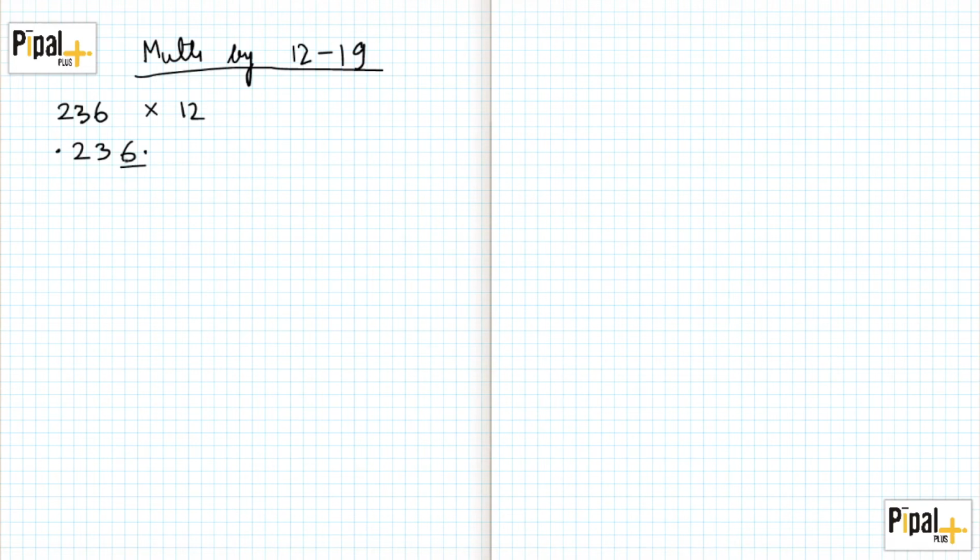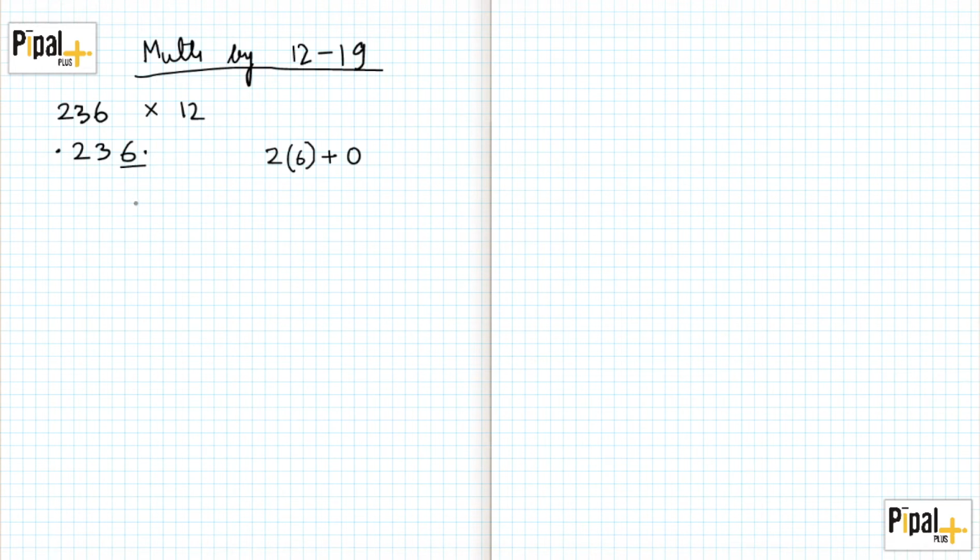So 6 and 0, that's my first pair, and this is going to give me my units digit of the result. But how I'm going to find that is I'm going to do 2 times the digit on the left plus the digit on the right. So I have 6 and 0 here, the dot represents a 0.